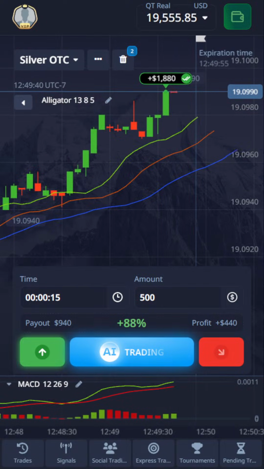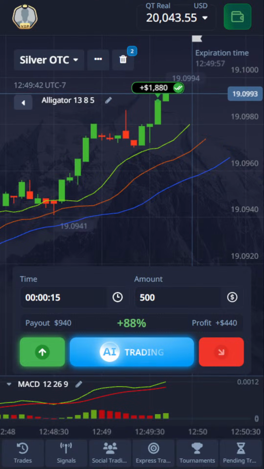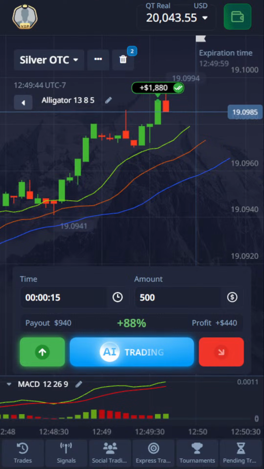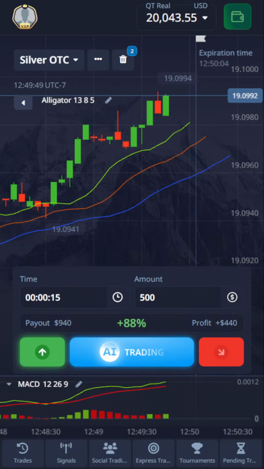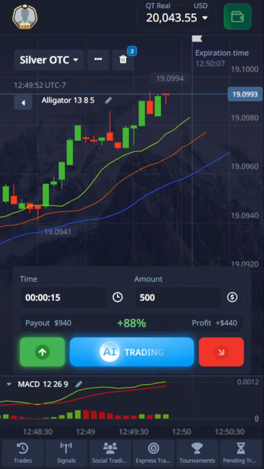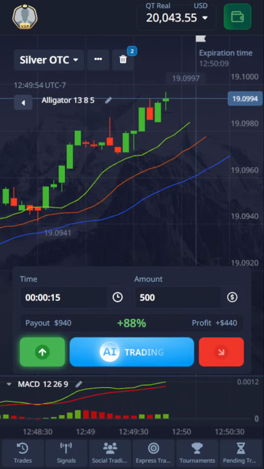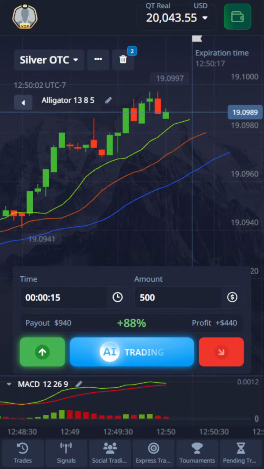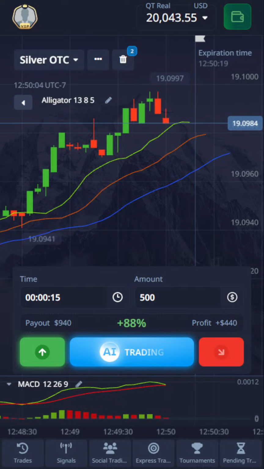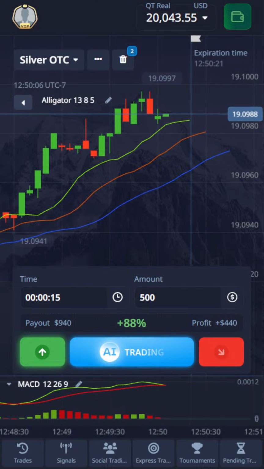For the MACD, for the settings, we are having 12, 26, and 9. Then for the alligator indicator, it's at default, or we can say it's at its normal settings.